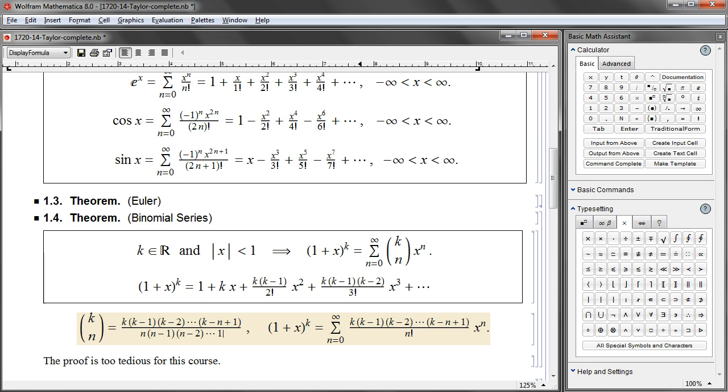In this case, if k is an integer and n exceeds k, for example n is k plus 1, then what do we get? This factor, k minus n plus 1, will become 0, so this entire expression will become 0. And the same thing is true when n exceeds k, for example n is k plus 1 or k plus 2 and so on. One of those factors from here to there will be 0, and this entire thing will become 0.